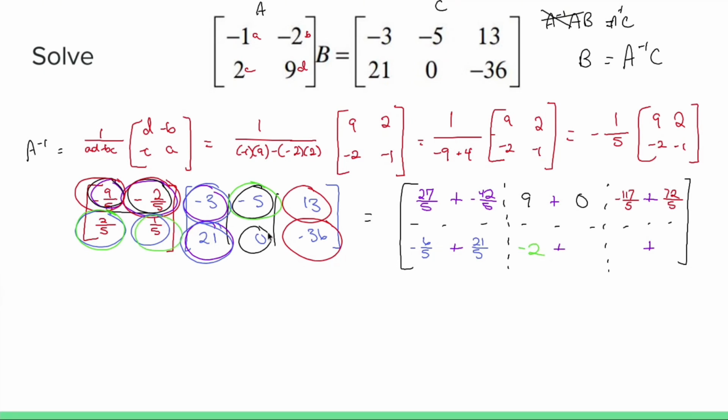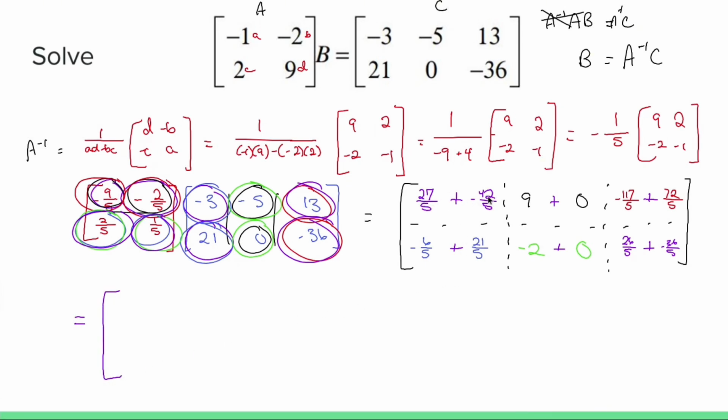And then 1/5 times 0 is 0. And then let's round this guy out. We've got 2/5 times 13 is going to be 26 over 5. And then we've got 1/5 times negative 36 is negative 36 over 5. So probably some cleaning up, combining, simplifying. We'll take it from there.